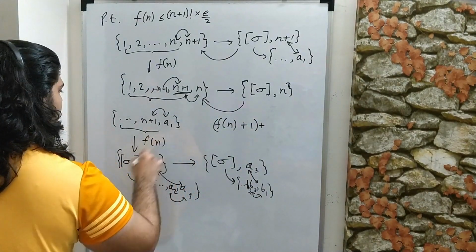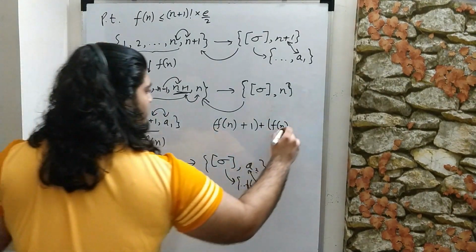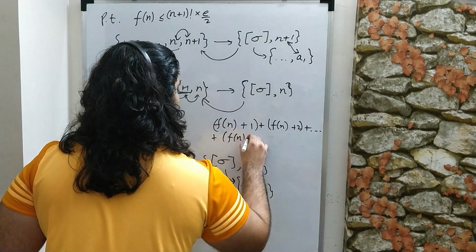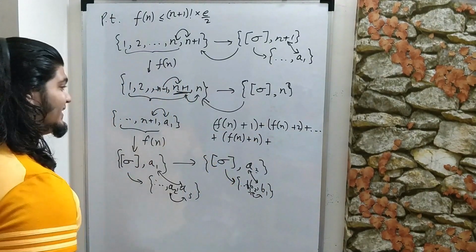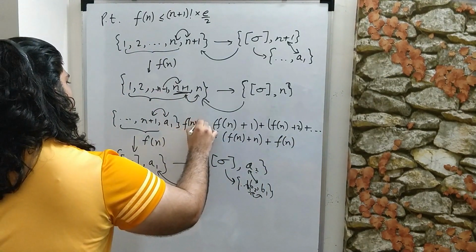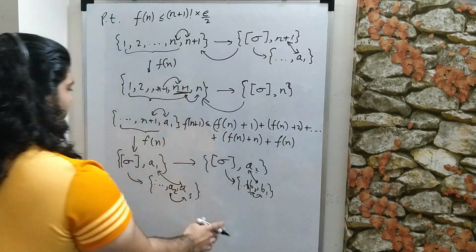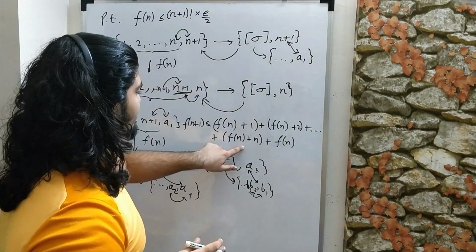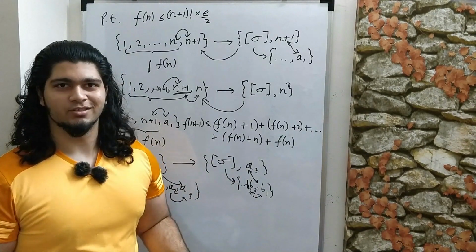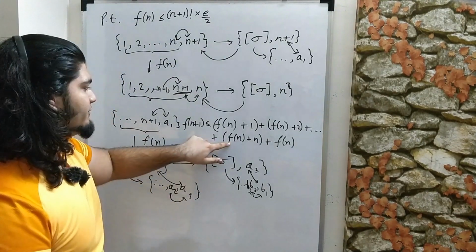Then we performed f of n switches again, so plus f of n, and then in the worst case scenario we performed 2 switches, so plus 2, and so on till f of n plus n, and then to end it all we perform f of n switches. So f of n plus 1 is guaranteed to be lesser than or equal to this expression because of all of this. So now that we have found an upper bound for f of n plus 1 in terms of f of n, we can do some manipulation to find an upper bound in terms of n directly and without f of n as a middleman.